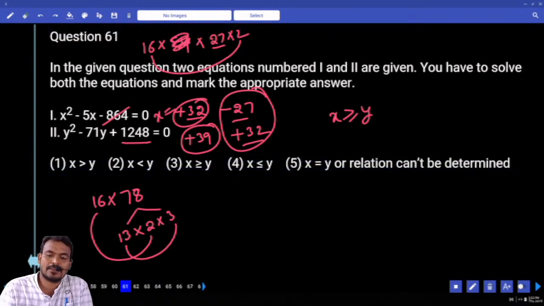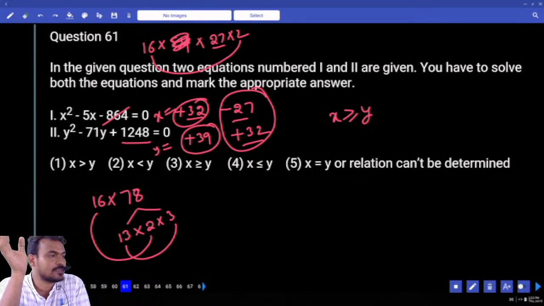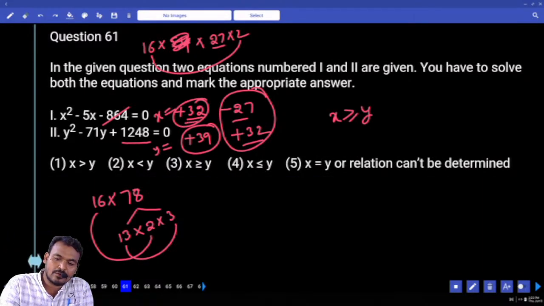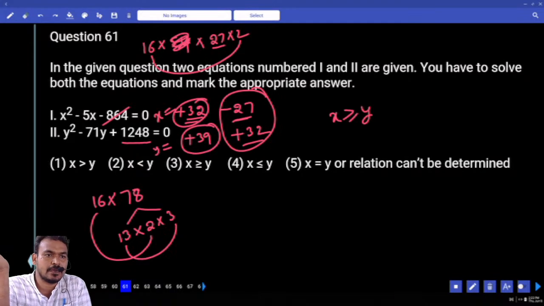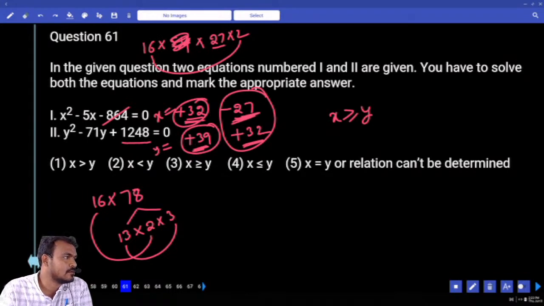X values: plus 32, minus 27. What are the y values? Plus 39, plus 32 or not? 32 compared to minus 27, greater. Plus 32 compared to plus 32, equal. 39 compared to minus 27. Plus 39 compared to minus 27, greater.